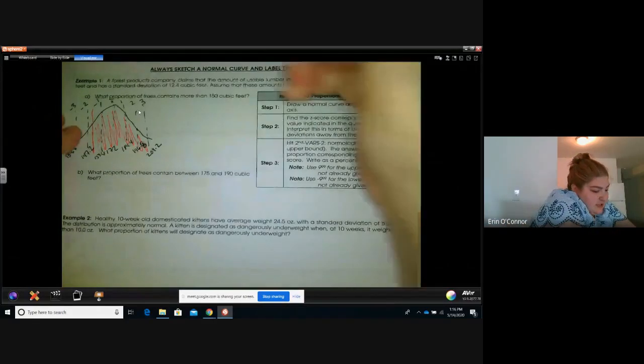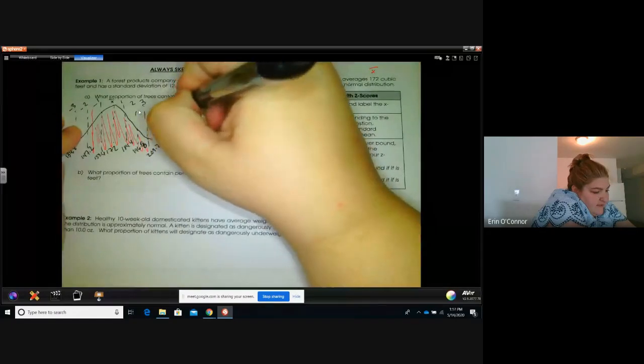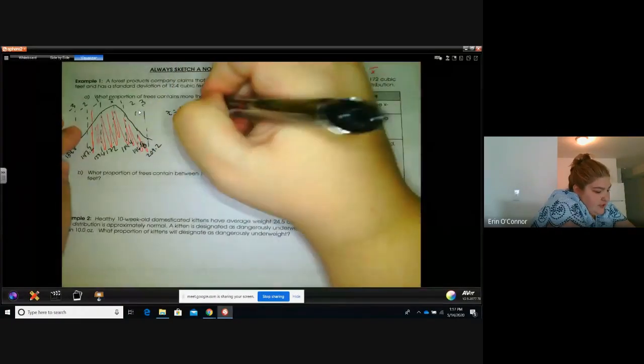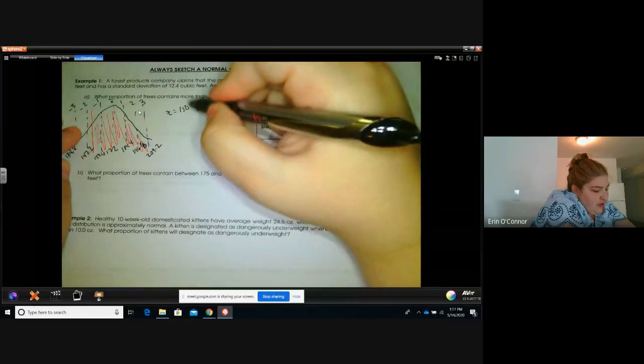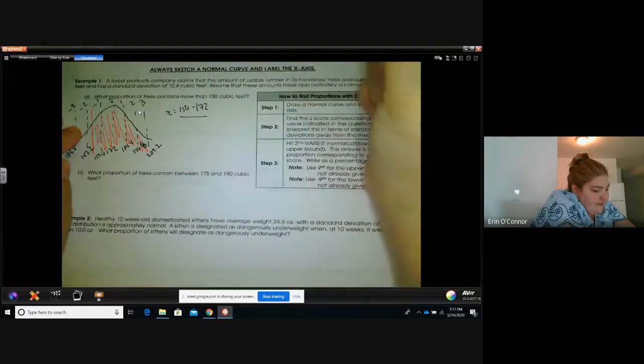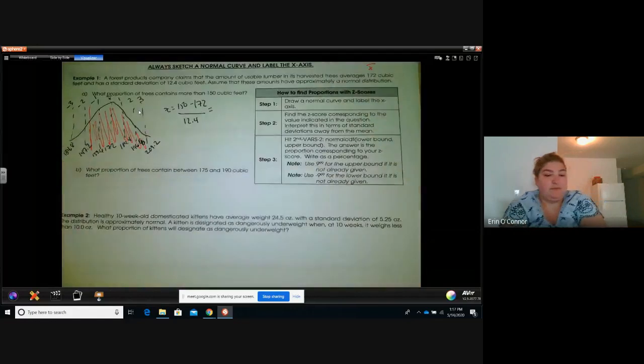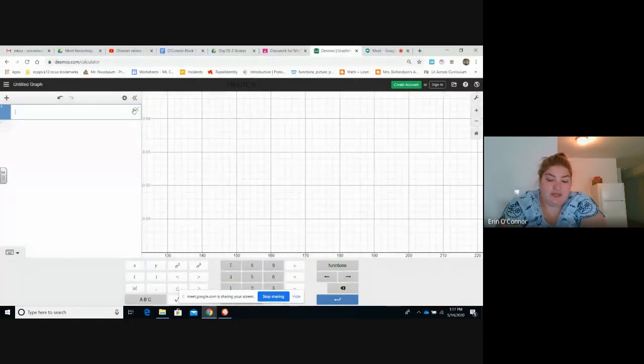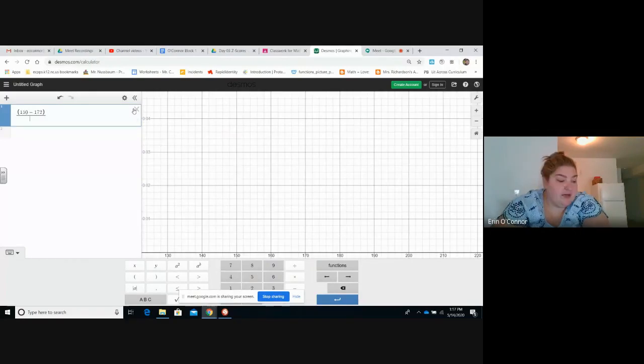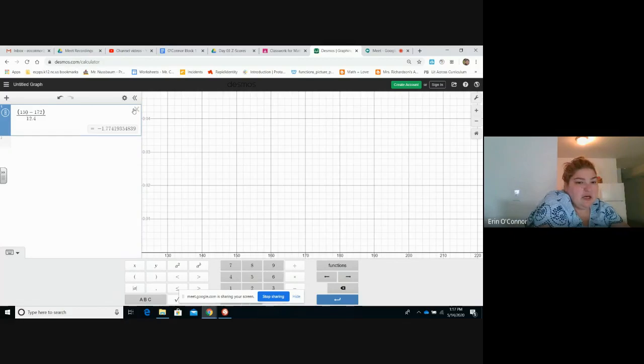So z is going to be equal to 150 minus 172, my original minus my average or mean over my standard deviation. Let's just straight up put this in here. 150 minus 172 divided by 12.4. And I'm going to round to the nearest hundredth with z-score. So this is negative 1.77.